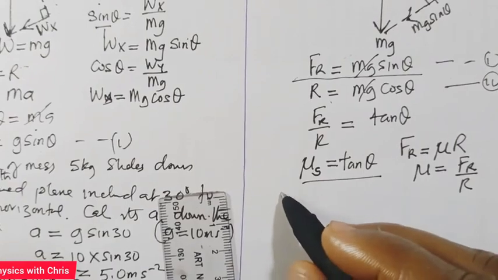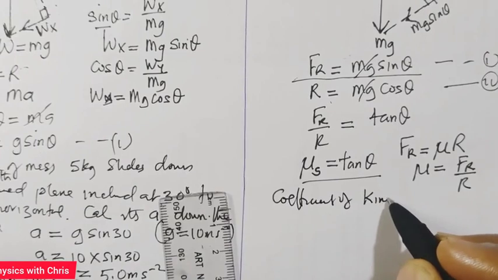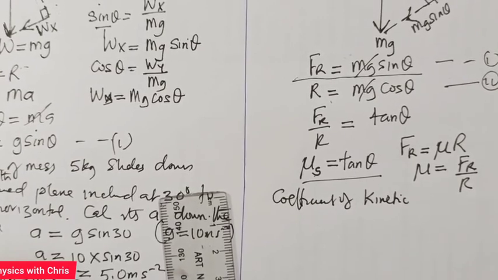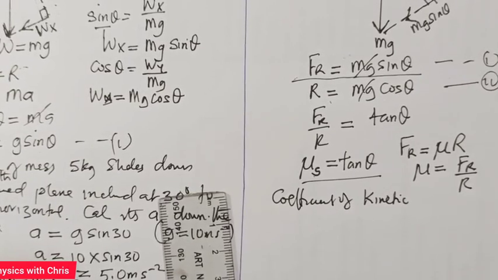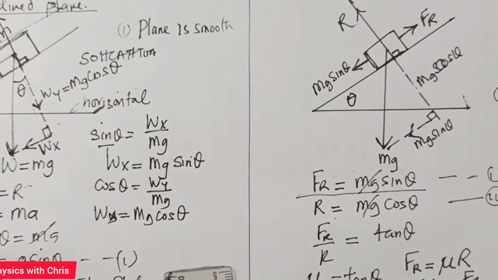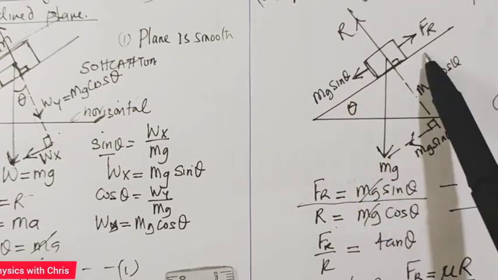Now, suppose I want to determine the coefficient of kinetic friction. What we did here is that of static friction. Kinetic frictional force is that frictional force that must be overcome in order to keep a body moving with a constant speed. When this body slides along this plane with a constant velocity, it means that the forces acting along the direction of motion are only two of them, mg sine theta and Fr.